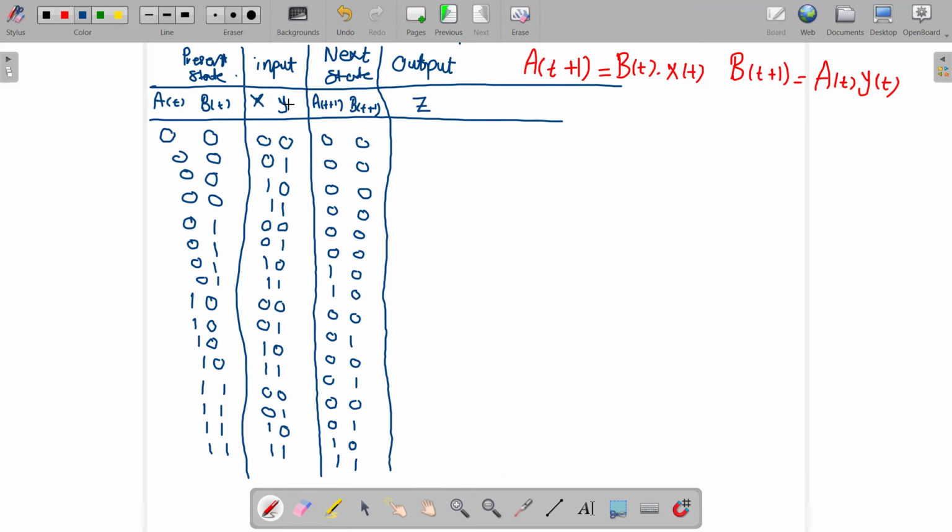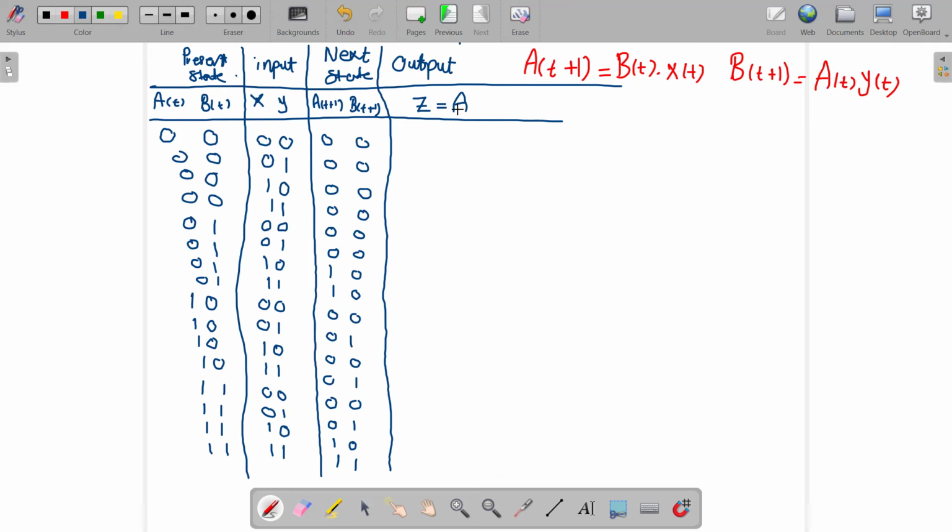As one example, look at here. We say that A(t+1) is B(t) x(t). B(t) is 0, x(t) is 0. We write A(t+1) as 0. For the B(t+1), A(t) is 0, y(t) is 0. The output will be 0 up to the end. In the case of the Z, we learned that Z is equal to A in the previous slide.